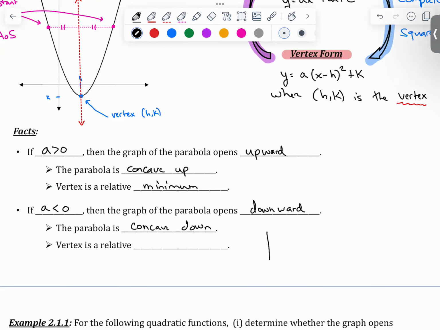I should have drawn the picture for the other one, so might as well do that here. An upward facing parabola graph would look like this, and so your vertex is at the bottom of your graph, therefore making it a minimum. Whereas if you're opening downwards, something like that, then your vertex is a relative maximum.